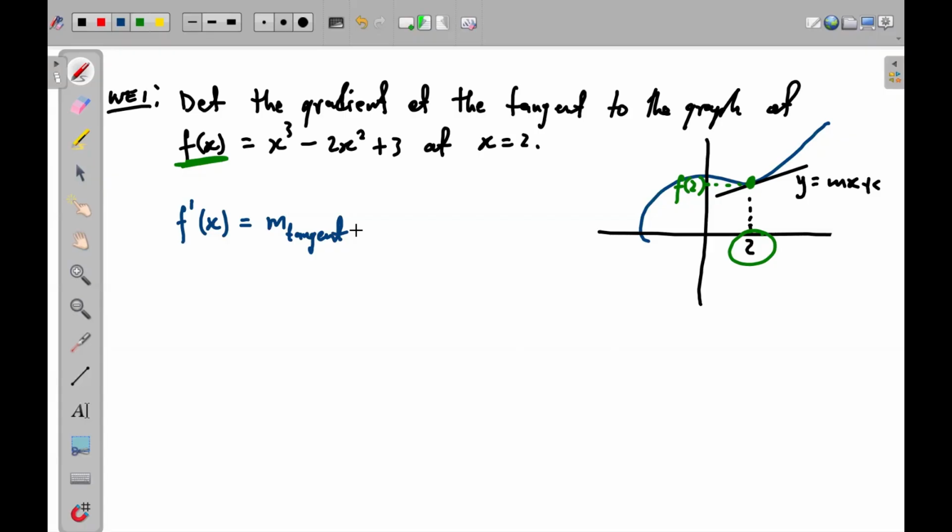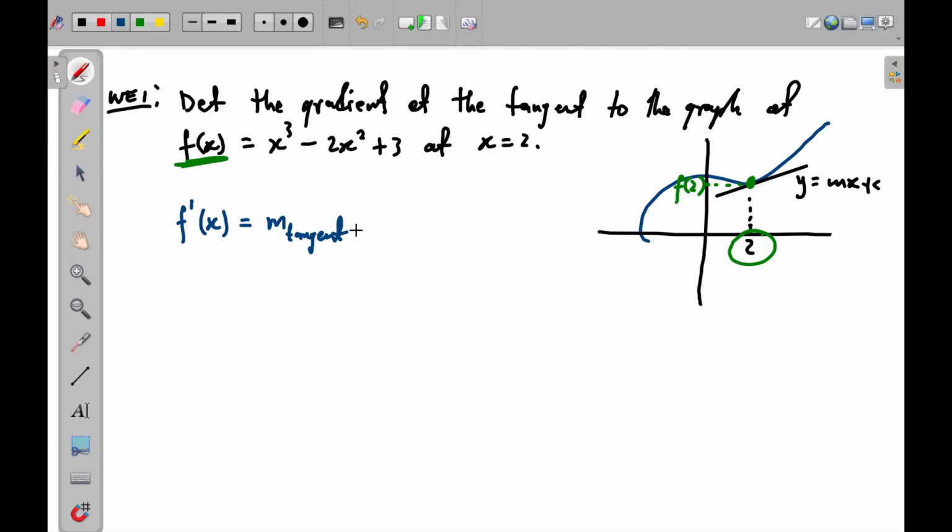All right. So in other words, I don't have to stress about finding the gradient. I don't have to stress about knowing 2 points on the line. And that is the power of calculus. By just knowing 1 point or one x value of a tangent to a graph, and of course, knowing the equation of that graph, just like that, you can find the gradient of the tangent.